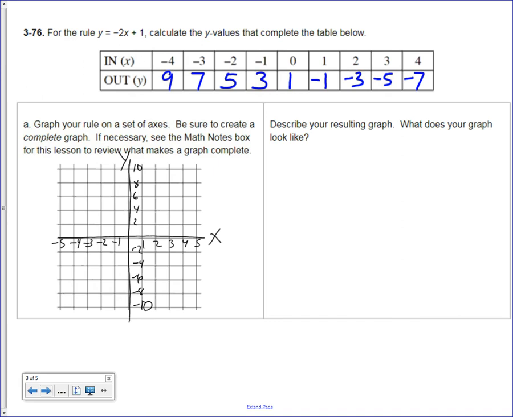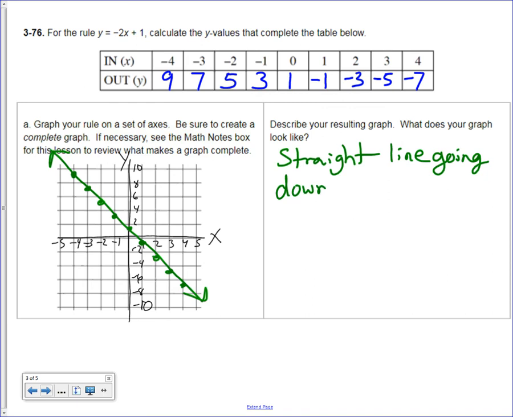So I do -4, 9. -4, +9 right here. -3, 7. -2, 5. -1, 3. 0, 1. 1, -1. 2, -3. Make sure my line has arrows on it. So then it says describe your resulting graph. What does your graph look like? It's a straight line going down from left to right.